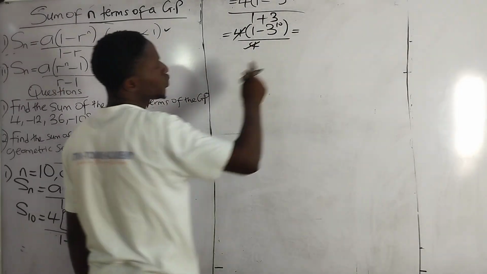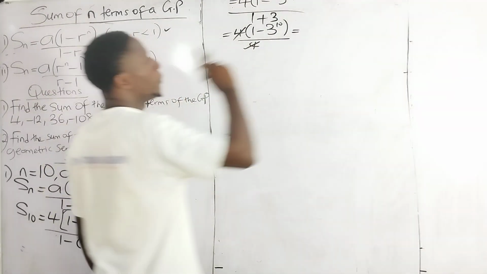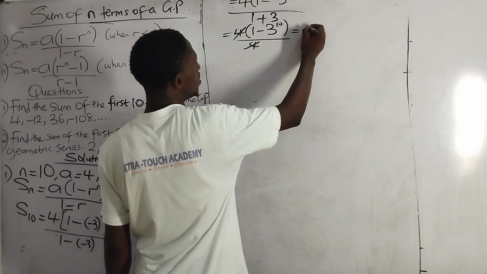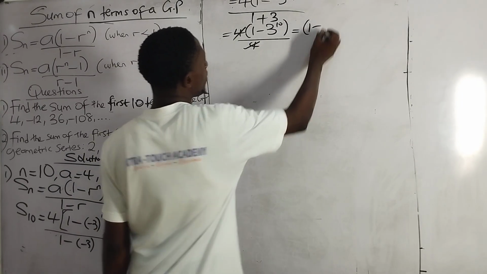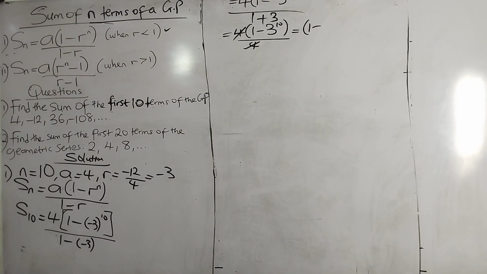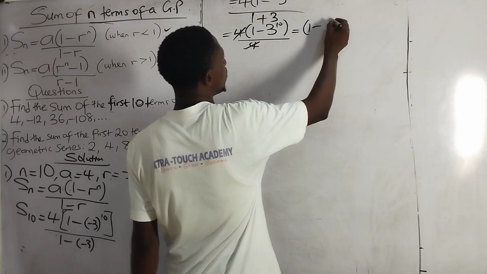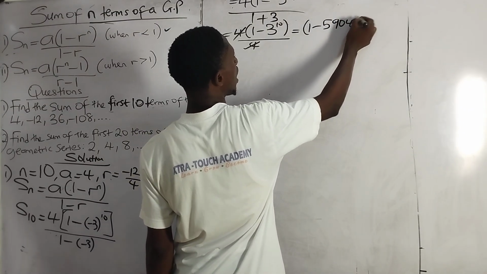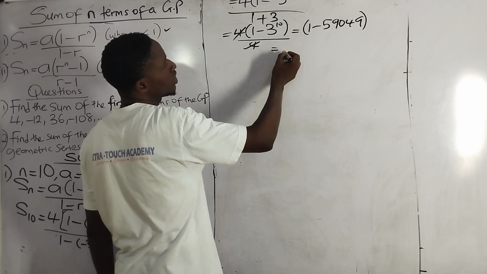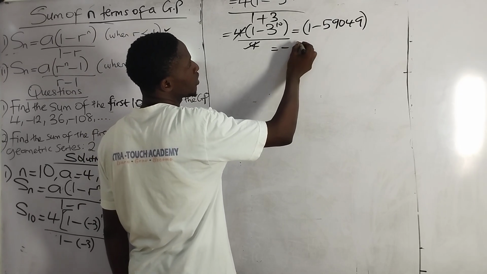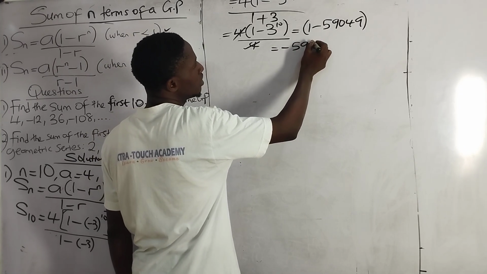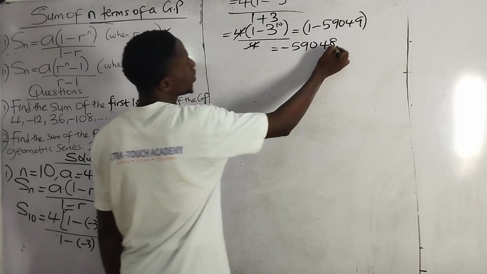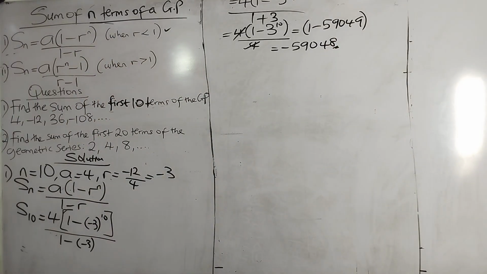When you simplify, 3 raised to the power of 10 is 59049. So when you subtract 1, we are going to get -59048, which is the final answer.